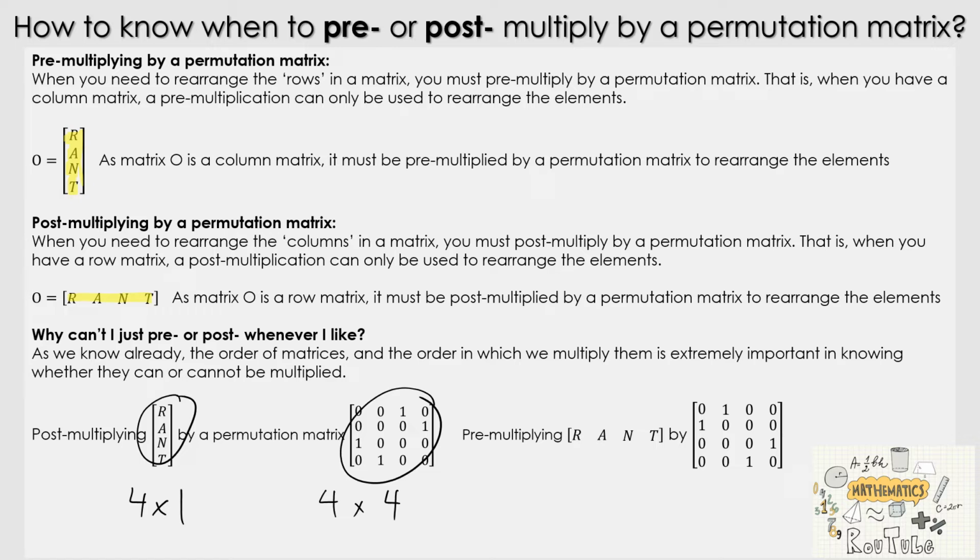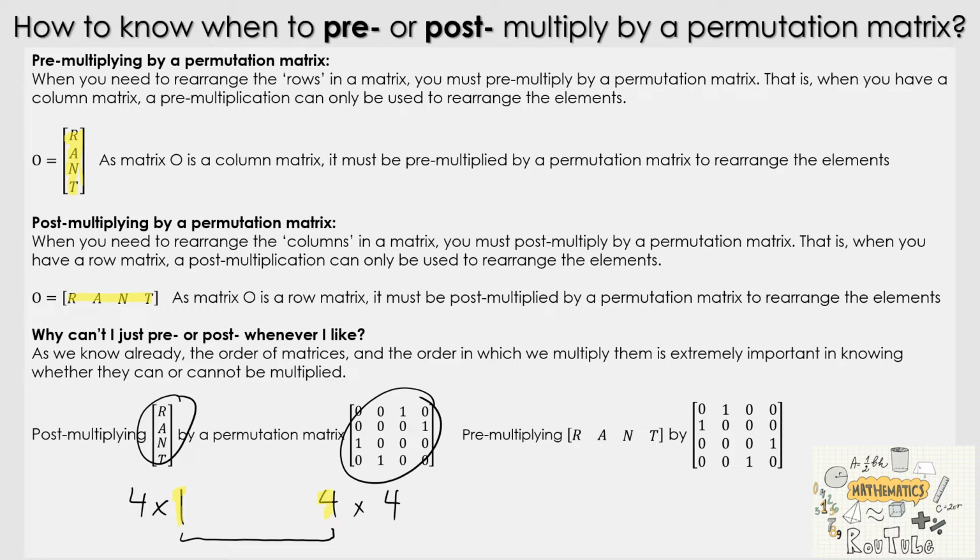As we know, in matrix multiplication the two middle values must be the same in order for the two matrices to be defined, and then we can multiply them. Clearly in this case these two values are not the same. So the number of columns in the first matrix is not equal to the number of rows in the permutation matrix. Therefore, we cannot multiply.